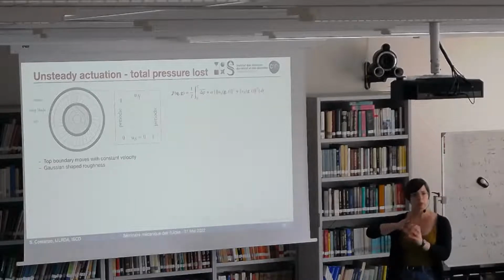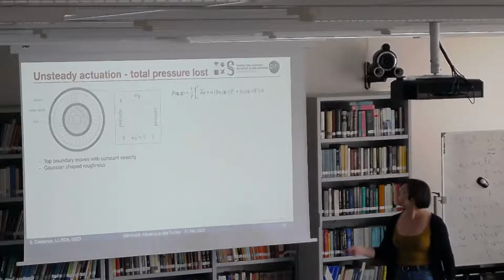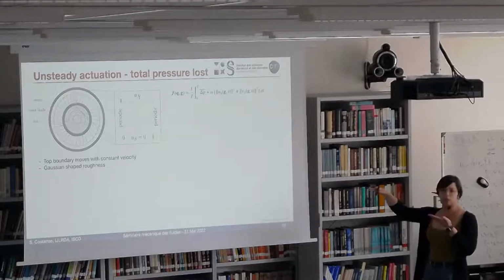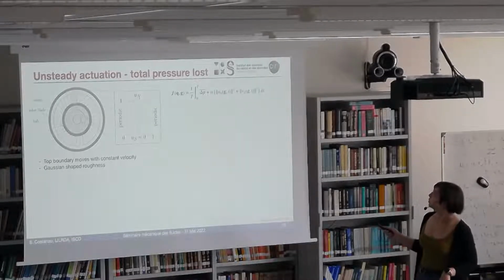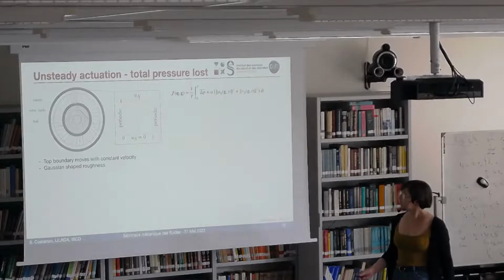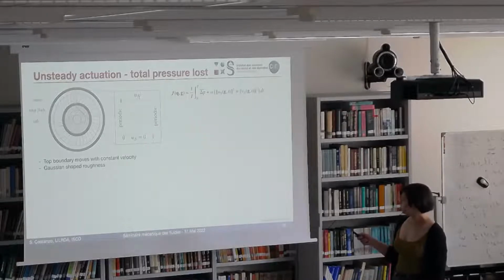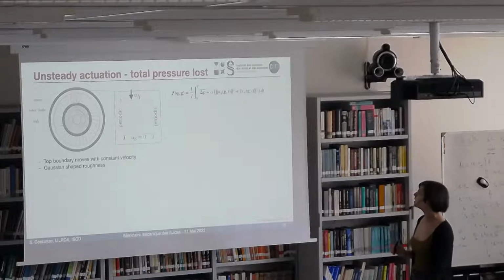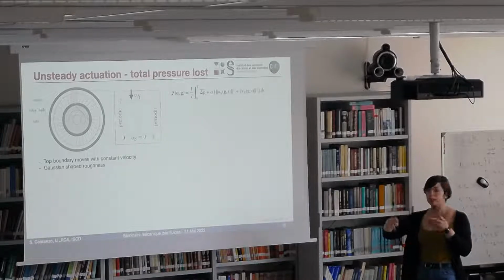And to simulate the rotation of the blade, we move the lid. The lid is moving with a constant and uniform velocity, and we want to reduce the total pressure loss in order to reduce the vorticity at the tip of the blade. For doing this, we decide to introduce a Gaussian-shaped roughness at the top of the system that moves uniformly with the lid.